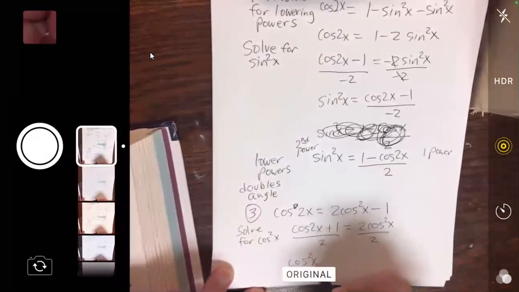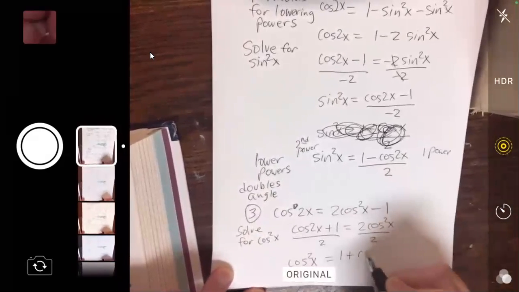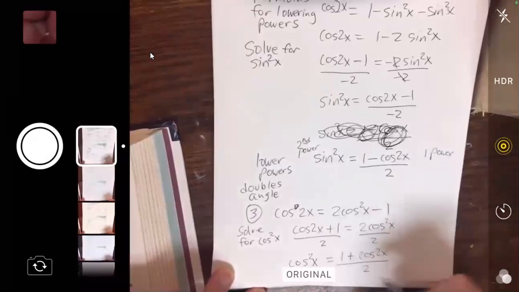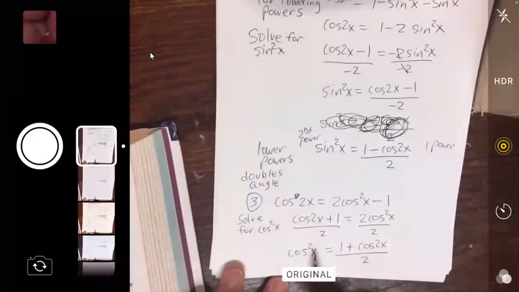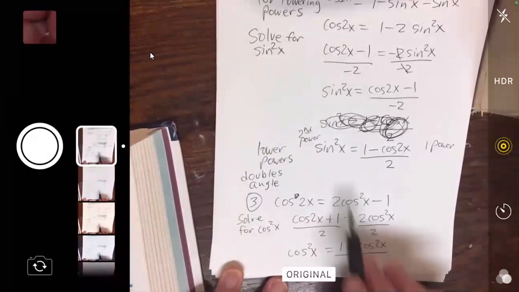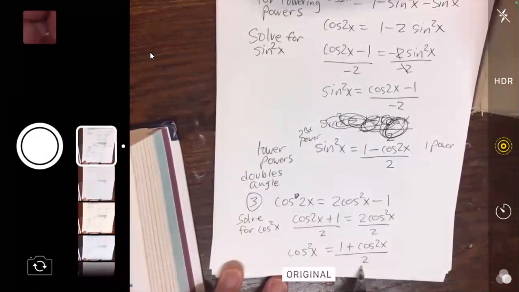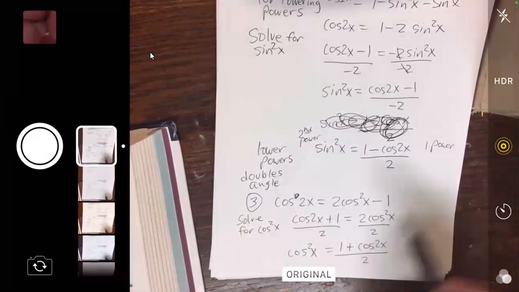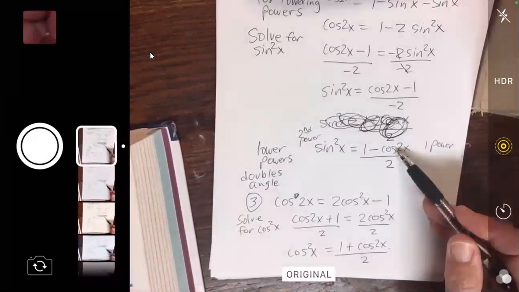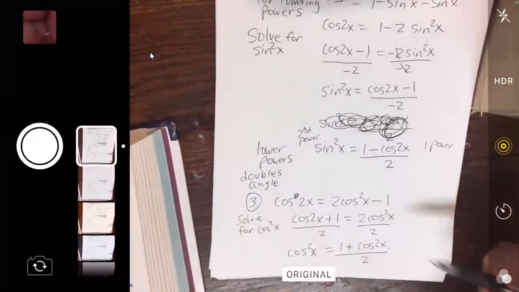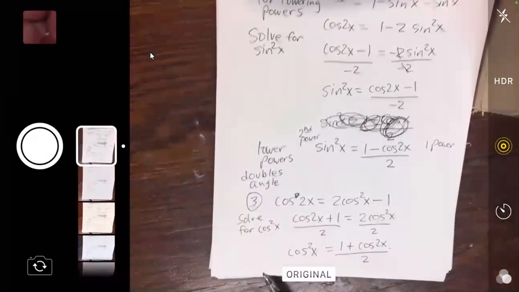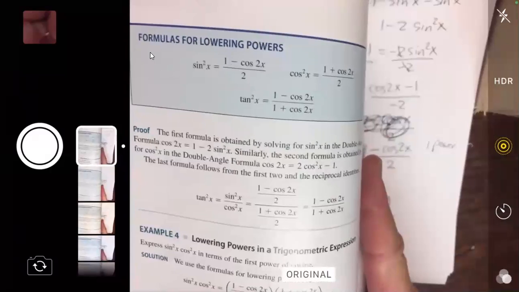Cosine squared of x is then 1 plus cosine of 2x divided by 2. Notice both sine squared and cosine squared go to cosine of 2x, but the sine squared has a minus, the cosine squared has a plus. To get a tangent squared, you divide sine squared by cosine squared. You could almost see what happens. You'd get this top over this bottom, and the 2's would cancel. And so you get these 3 formulas.